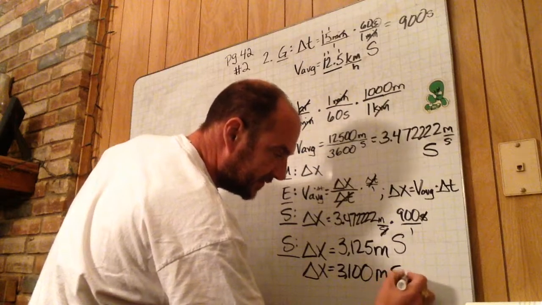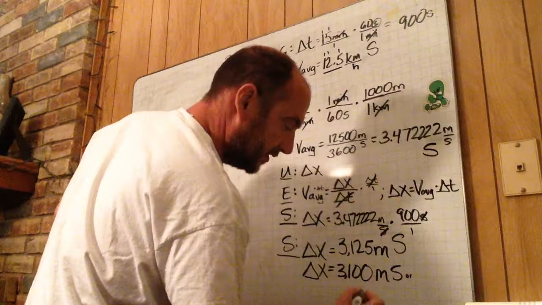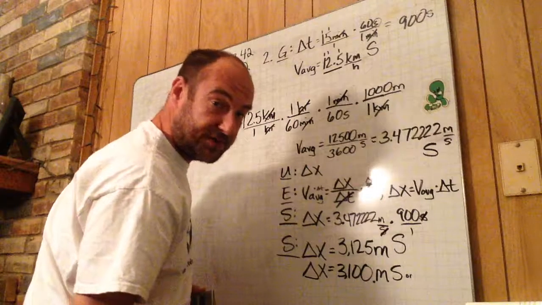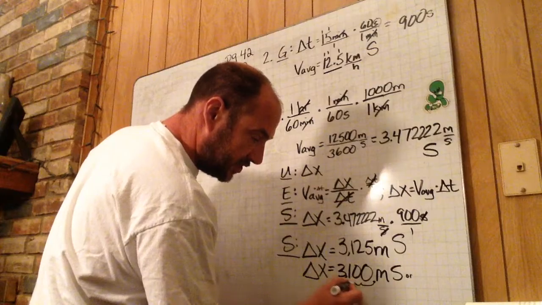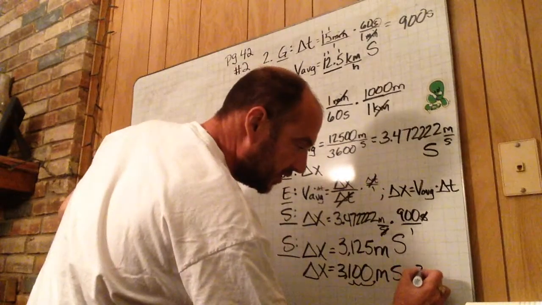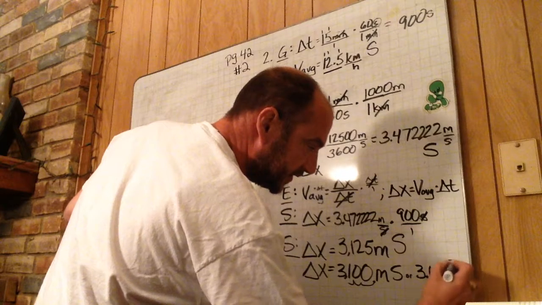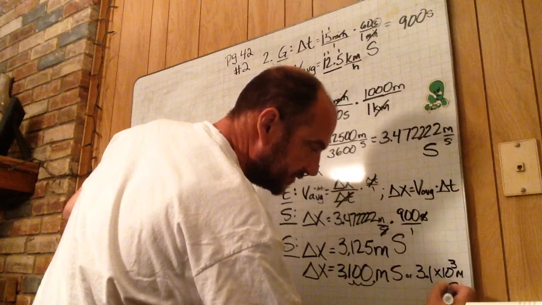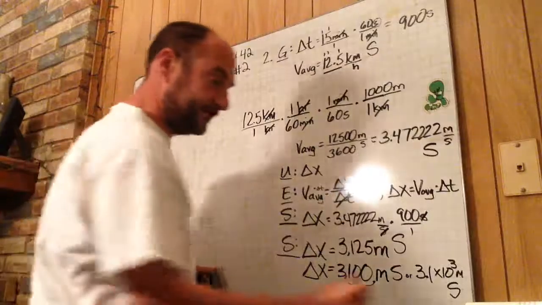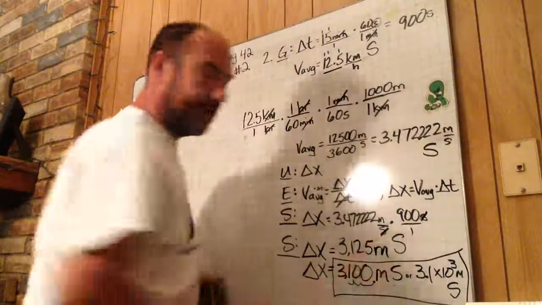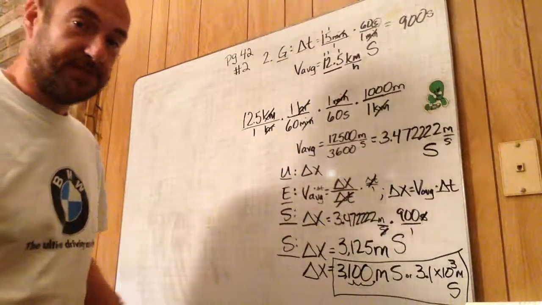Meters south, or put it into scientific notation. Here's my decimal location. 1, 2, 3. 3.1 times 10 to the 3 meters south. I'll take either answer. That's problem number 2.